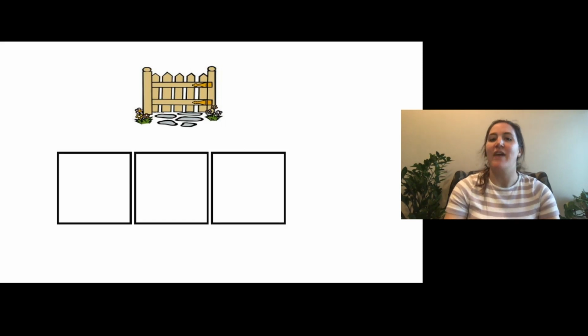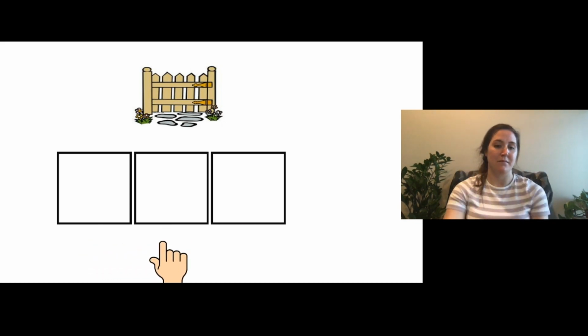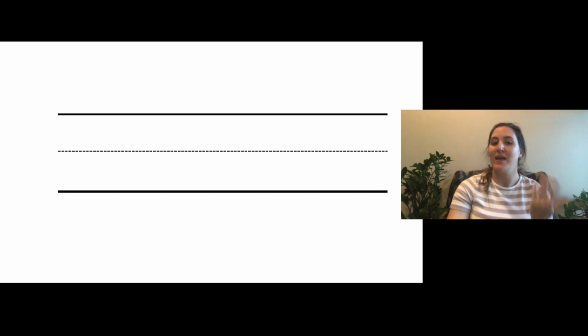This is a picture of a gate. So tap out the word gate. Great job tapping out. Now you can write it on your paper. Write the word gate. Don't forget, if you hear the long vowel sound A, you should be writing an E at the end.